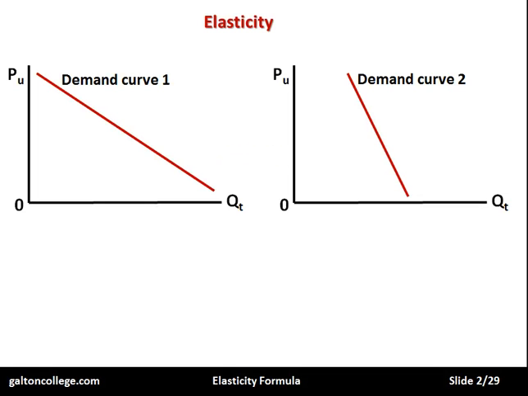Here we've got two demand curves. You'll see on the vertical axis I've got the price per unit. We have to specify the unit, otherwise it doesn't make sense. So we have to say the price per gallon, or the price per litre, or the price per ton, or the price per gram, or we have to specify some unit to make it sensible.